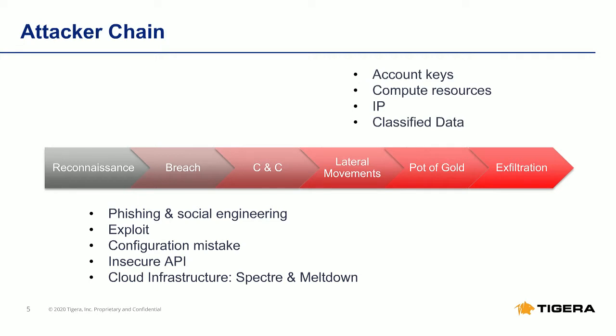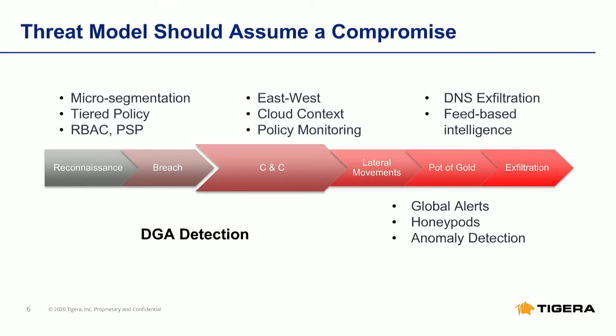Then the attacker can start to do lateral movements in search of a pot of gold if he doesn't have it already. Those could be cloud account keys. It could be compute resources. It could be intellectual property. And data is the new oil, so he can be after classified data, and then he will try to exfiltrate that in some way.